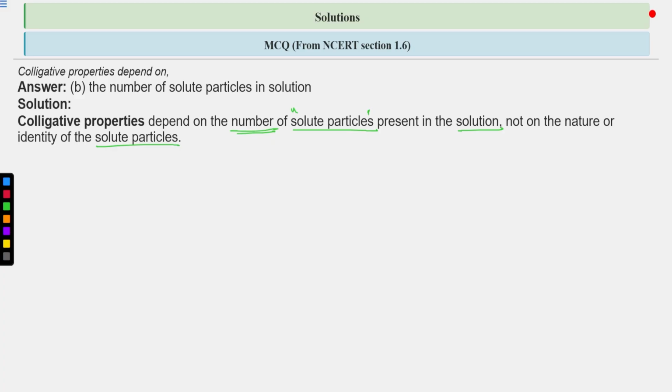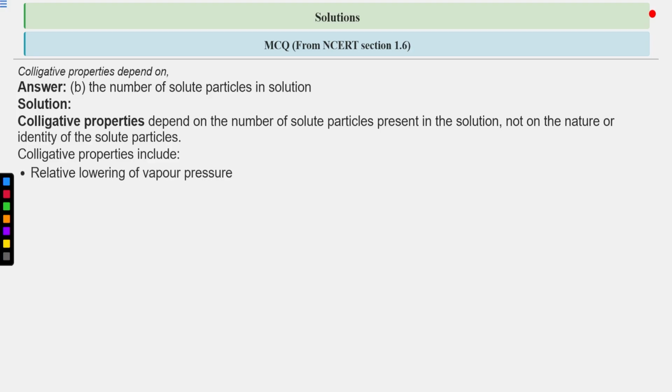Okay, so the colligative properties include various terms like relative lowering of vapor pressure, elevation of boiling point, depression of freezing point, and osmotic pressure.